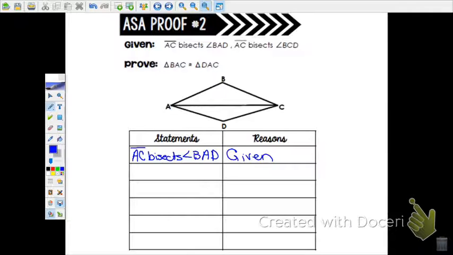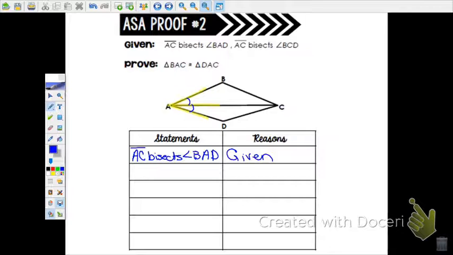Again, we've got an angle bisector. When I look at what I'm talking about, I have angle BAD, which is this angle on the left. AC is bisecting it. So that means I have 2 congruent angles.